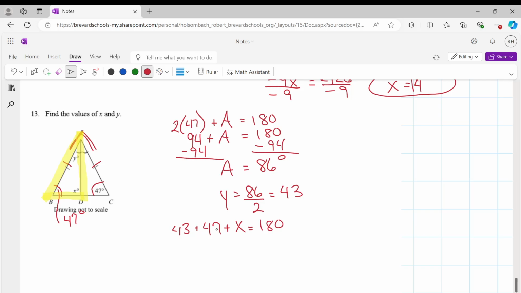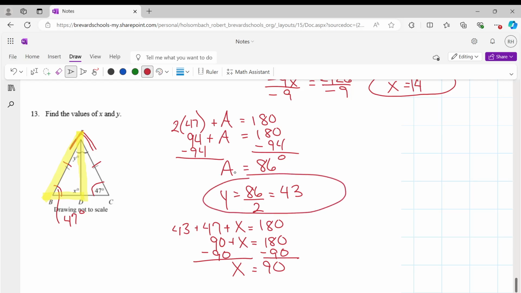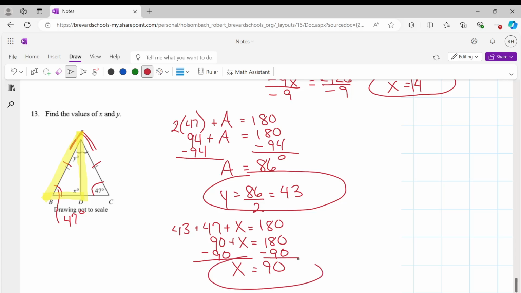So 43 plus 47, 90, plus x is equal to 180. And we can subtract 90 from each side. So our x is equal to 90. So here's our y, and here's our x.